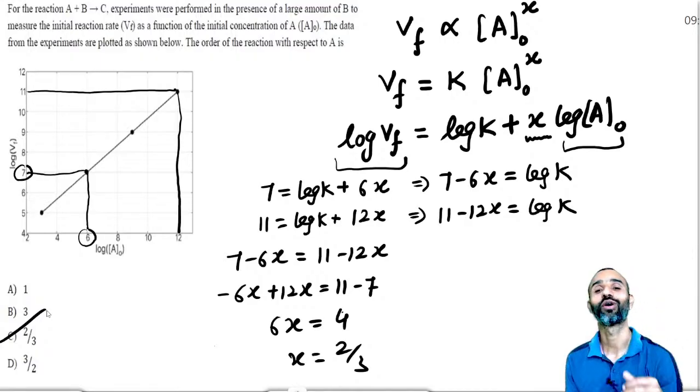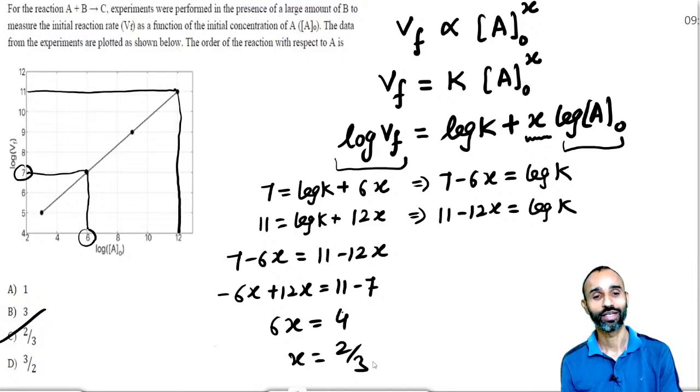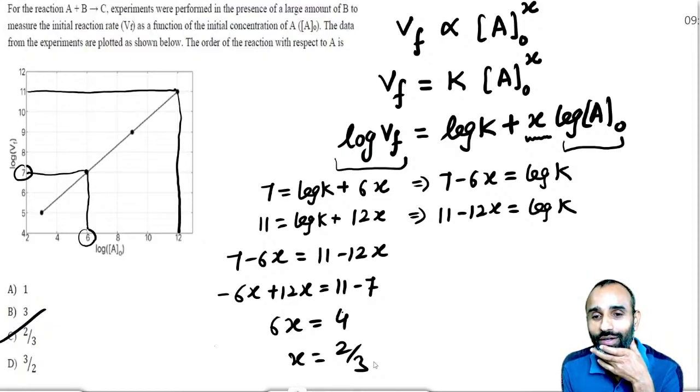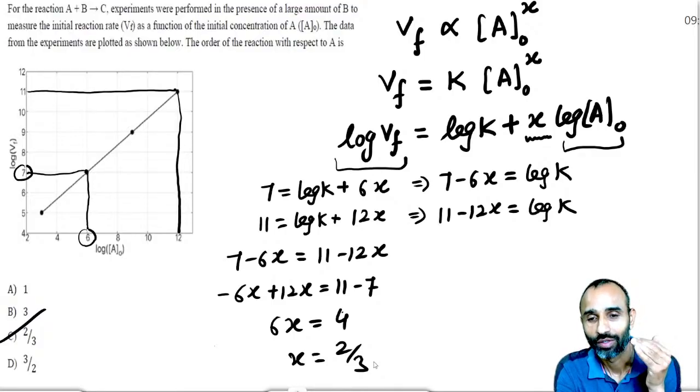It is option C. Okay, sorry beta, option C is correct. Have you done it like this only? What about the others? Understood?